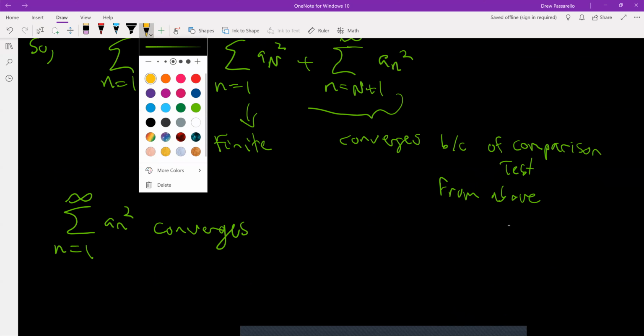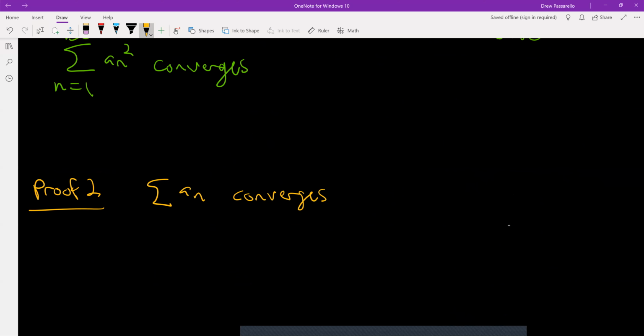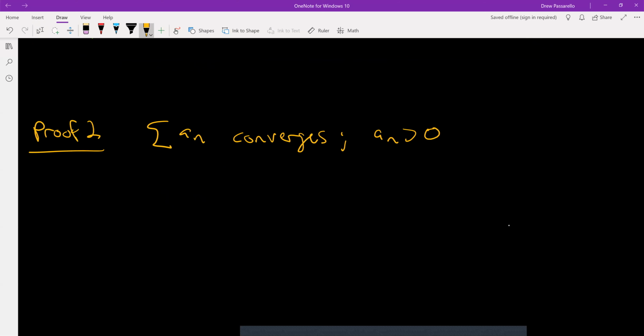Proof 2. Okay, so this converges, and we know all the terms a_n are greater than 0. So S_n, the partial sum, which is a_1 plus a_2 plus a_3 dot dot dot plus a_n. We know the sequence of partial sums converges.